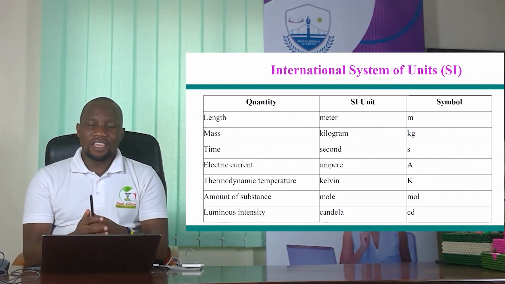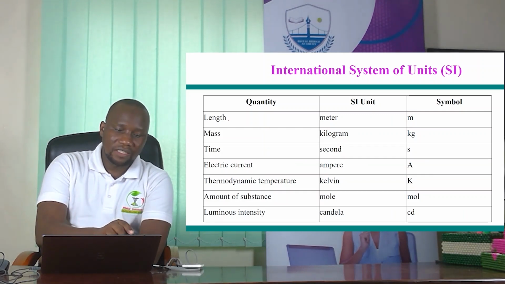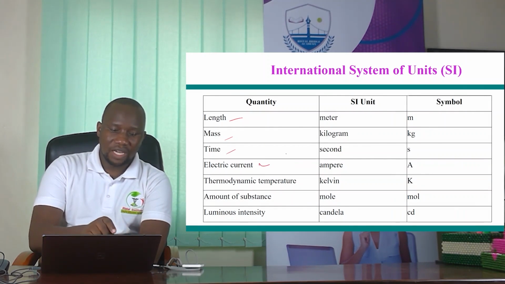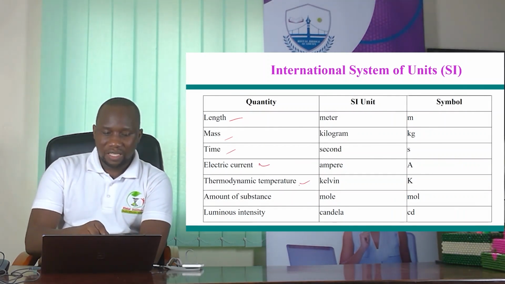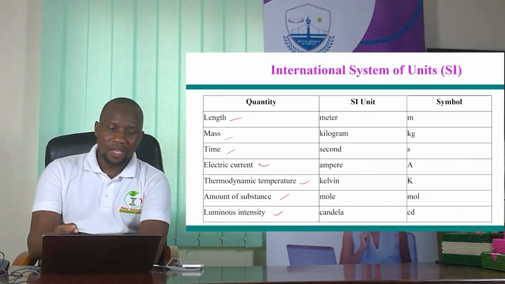So the 7 quantities are: length, which is about distance, mass, time, electric current, thermodynamic temperature, amount of substance, and luminous intensity.